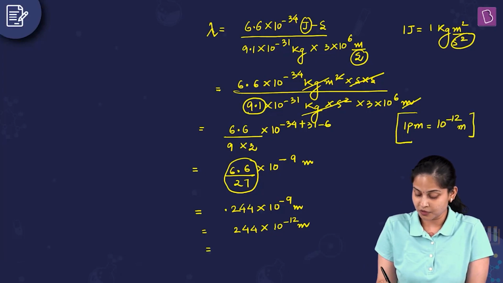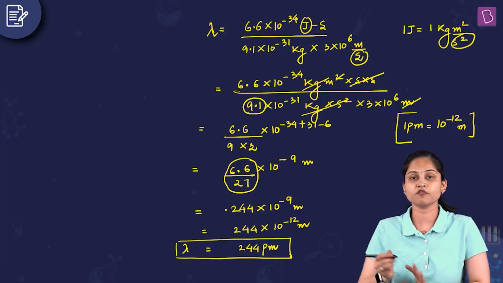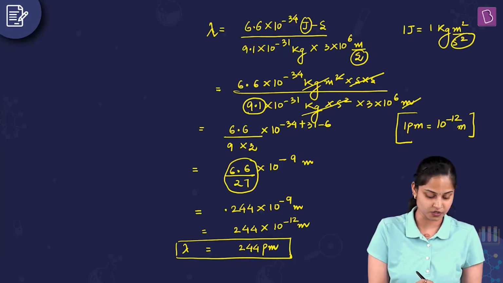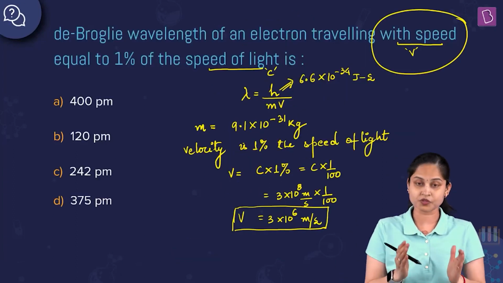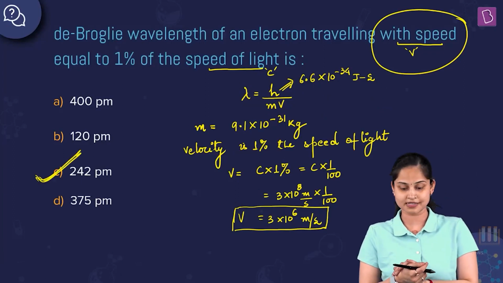So it becomes 244 picometer. Clear? So the value of wavelength lambda is equal to 244 picometer. This is the approximate value because we did the approximation. So our answer matches with option number C, 242 picometer. We'll mark this as our right answer.